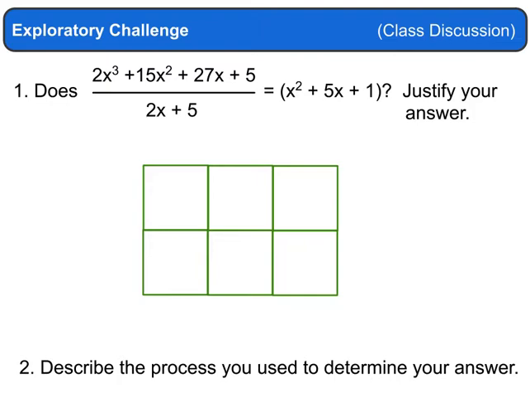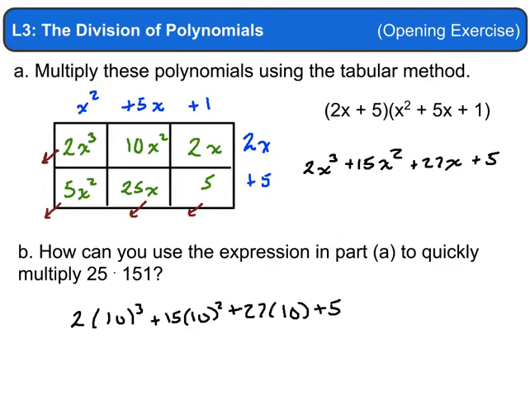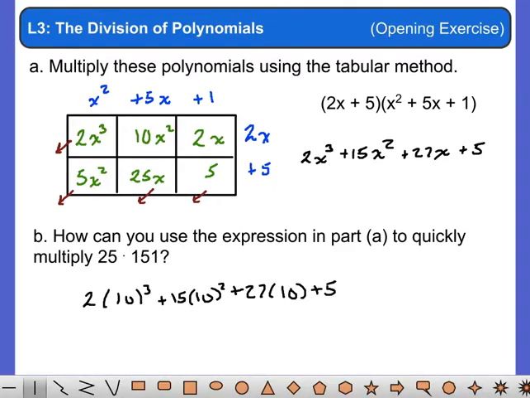And that's what we're going to explore. Now again, remember, this is coming off of our opening exercise, so if I do go back, if you notice what we're dividing into, that was the result that we did get right here as our answer.